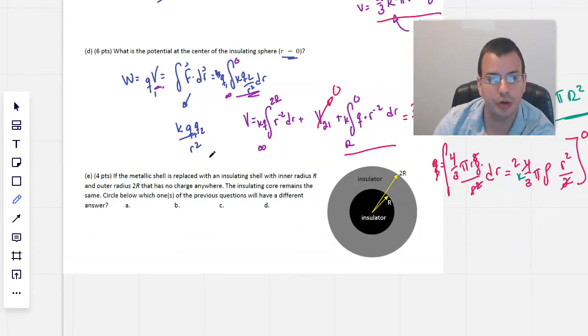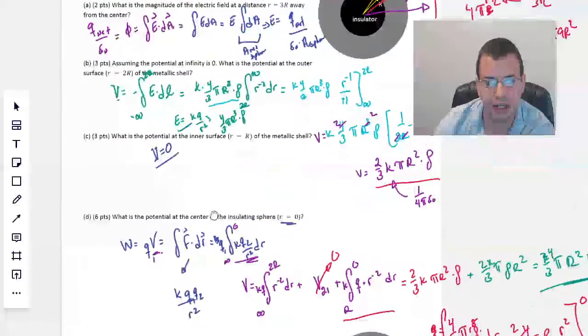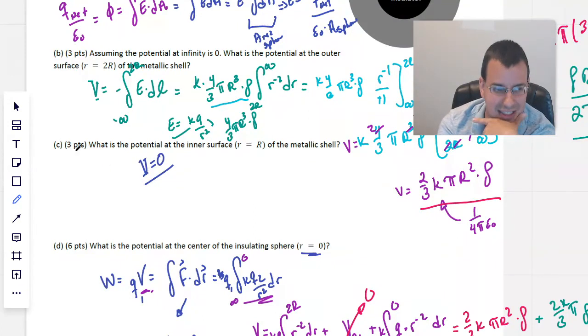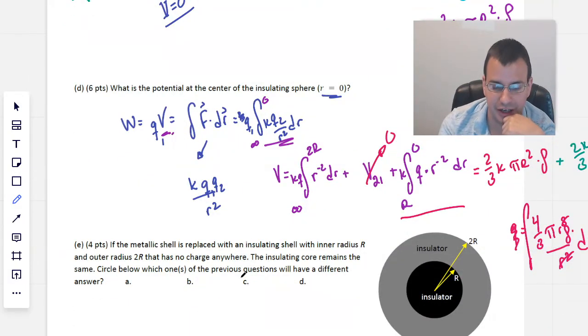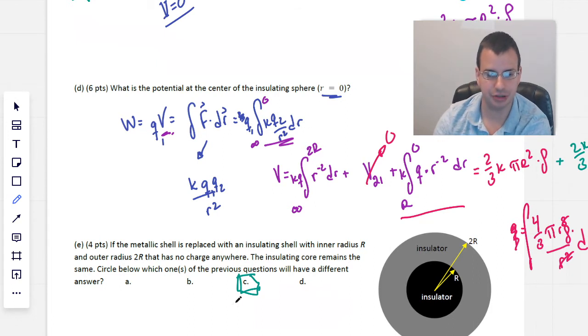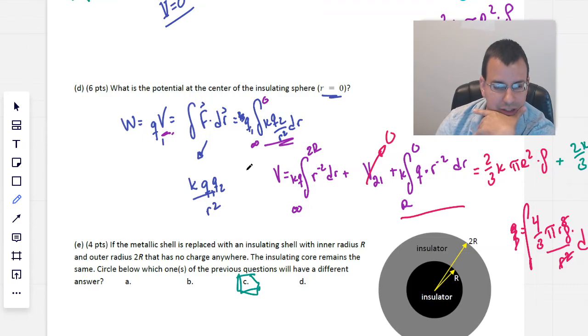Okay, so the only point where the insulator played a role was part C. At part C, we were inside the conductor, and inside a conductor you have 0 electric potential. So C would be the only one that was different.